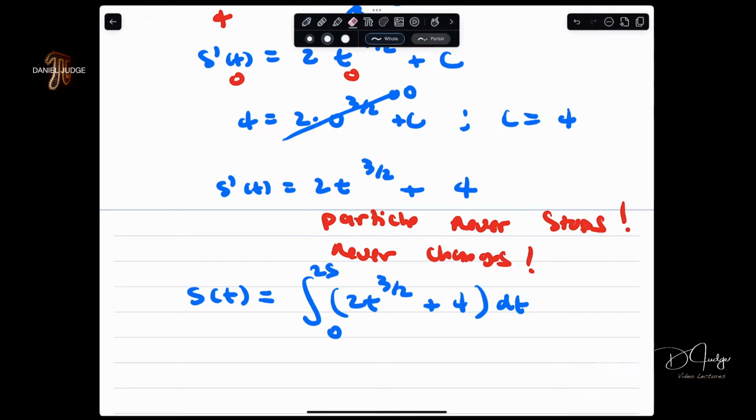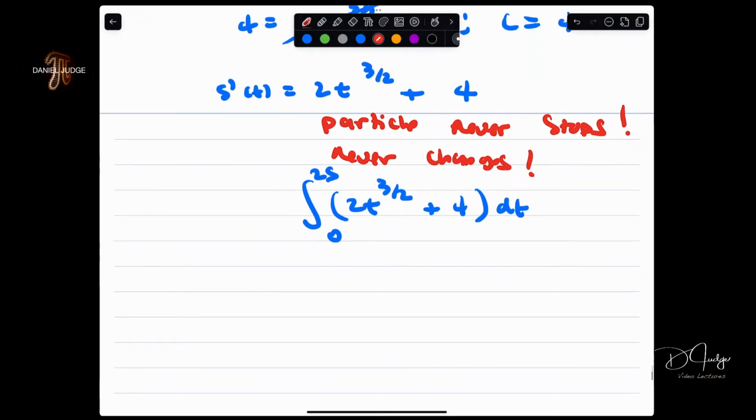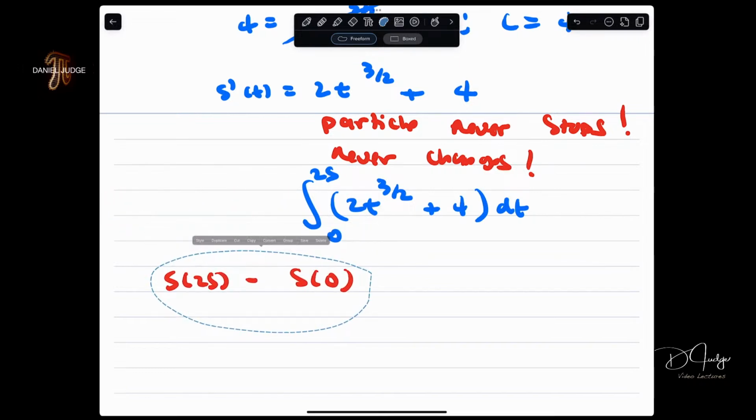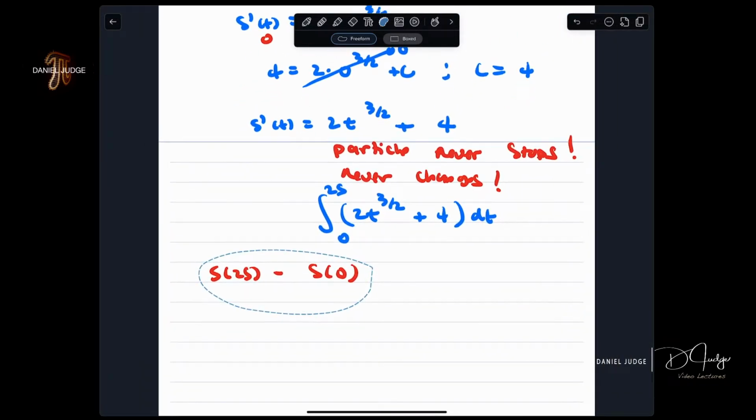This will give us what we're looking for, because eventually it will be s of 25 minus s of 0. That will give us the distance traveled. Technically, it's the net distance traveled, but this particle never stops or changes direction.